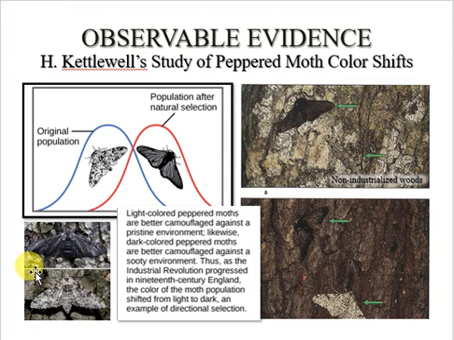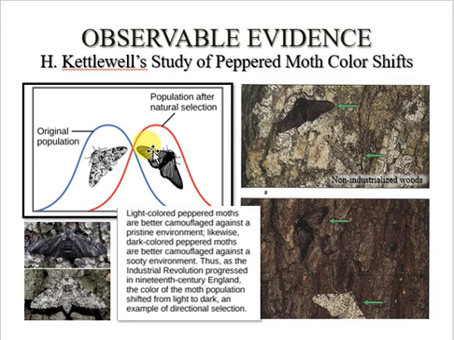Prior to the 1800s, the typical moth of this species had a light speckled pattern, this phenotype here. The dark or melanic moth, or melanic morph as it's called, was rare and was considered a collector's item.